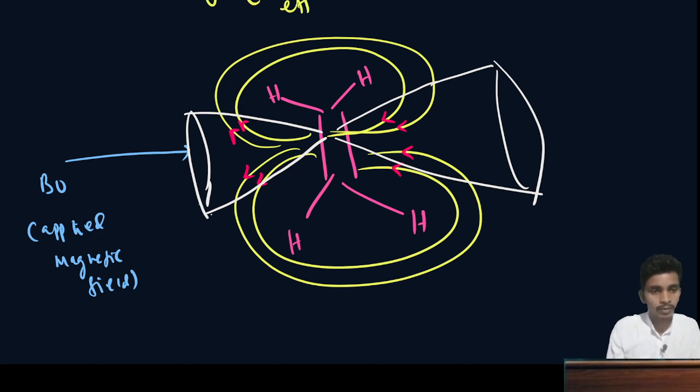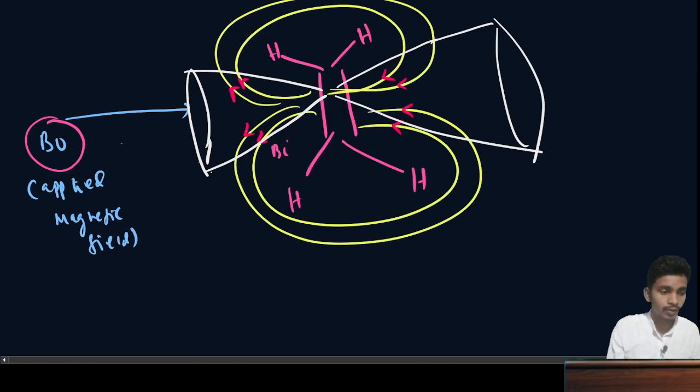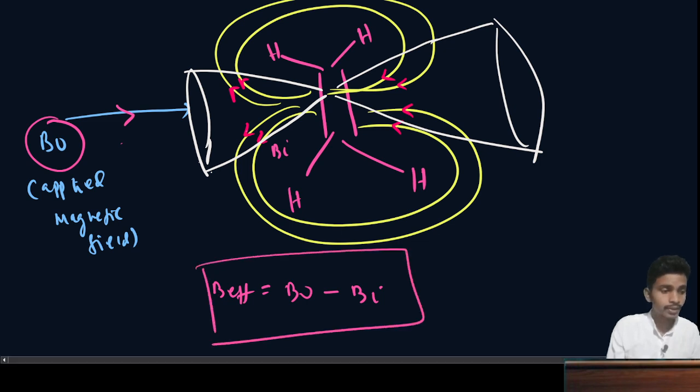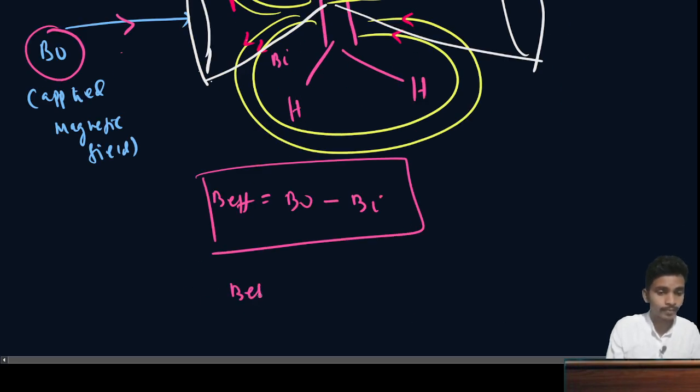Now you see that the applied magnetic field and the B induced are just opposite to each other. So whenever you calculate B effective, B induced is in this direction and the applied is in the opposite direction, which means they will cancel. So B effective decreases.